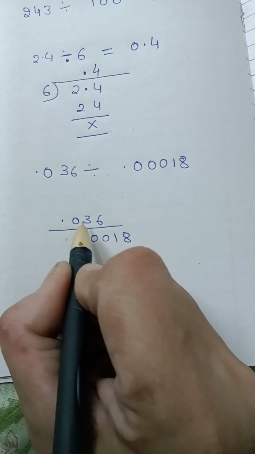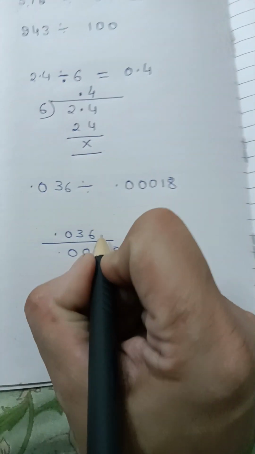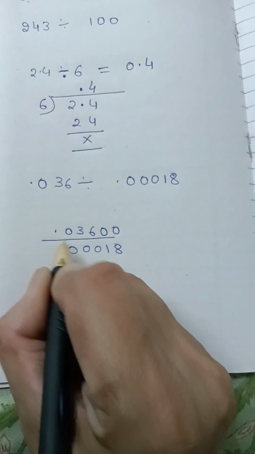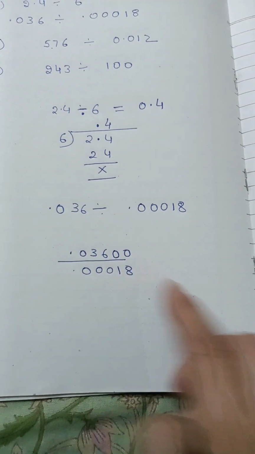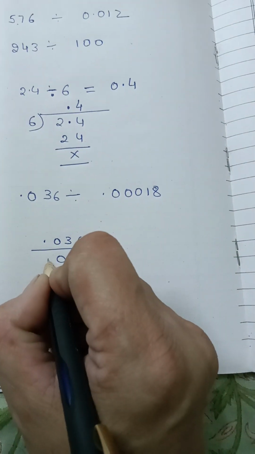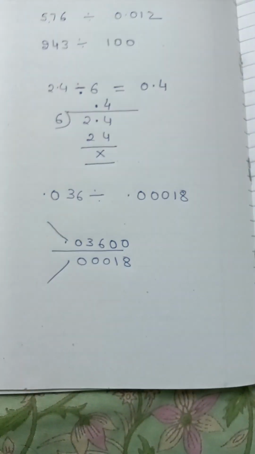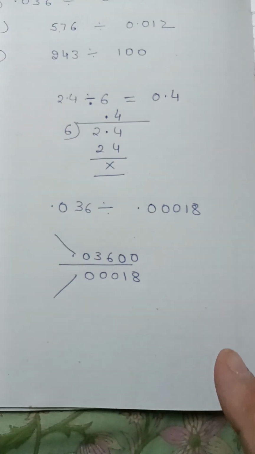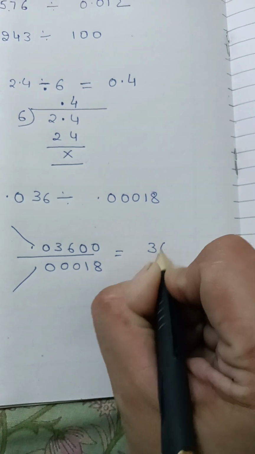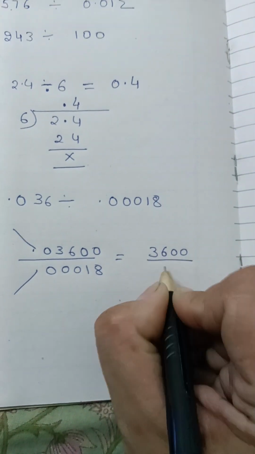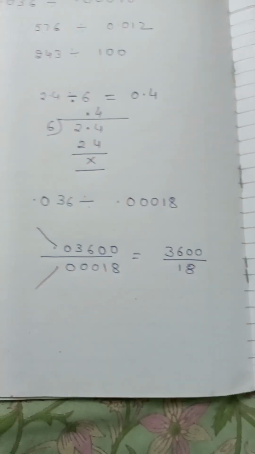Here there are only 1 2 3, so I am going to put 2 zeros to make them 5 places of decimal. Now here also 5 places, as the numerator also has 5 places, so simply we can remove the decimal. Equal number of decimal places, the decimal is removed. So finally my number is something like this upon 18.